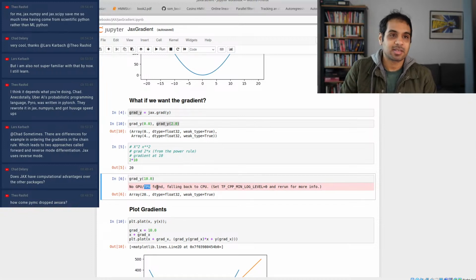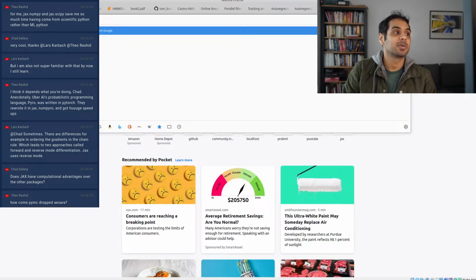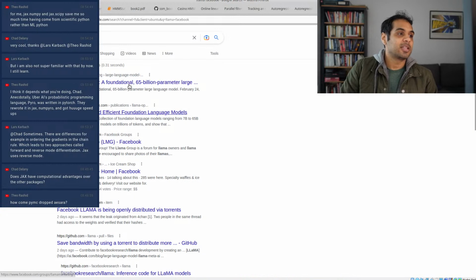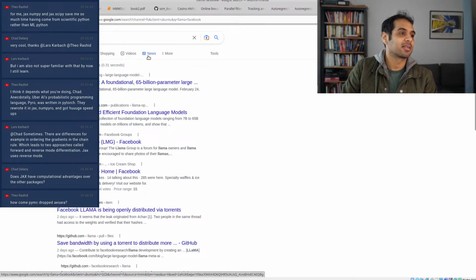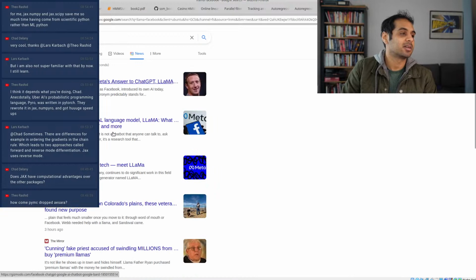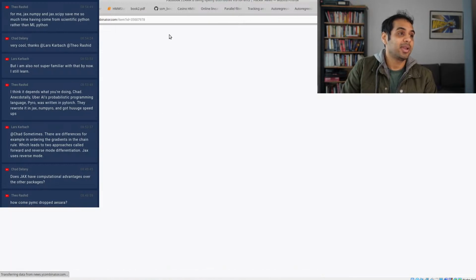Similarly, on another topic, you may have heard that the weights for Facebook's large language model have leaked. Their large language model is called Llama, and you can grab all the weights.